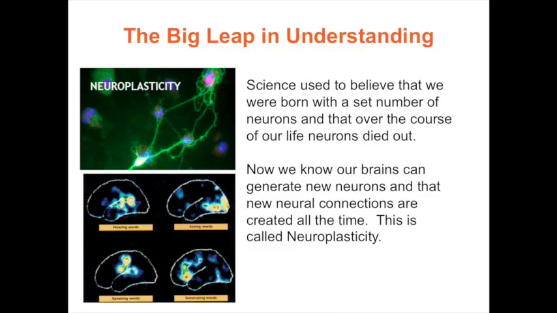So new neurons are born all the time, and new connections can be made throughout our entire life. This new understanding of the flexibility of our brain is called neuroplasticity, and it's been a very exciting development. There's been quite a lot of documentaries and a few best-selling books about it.